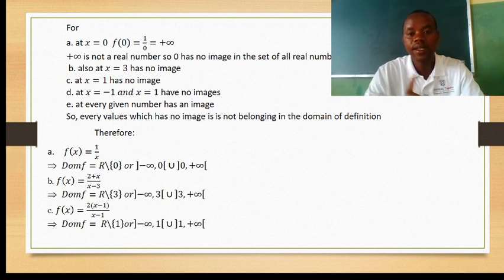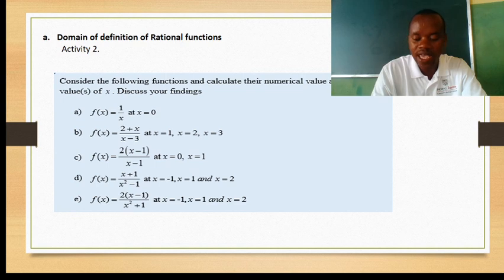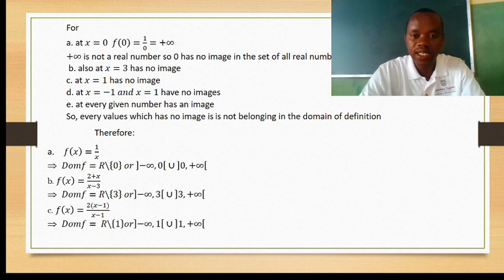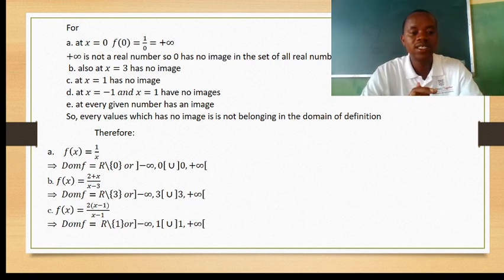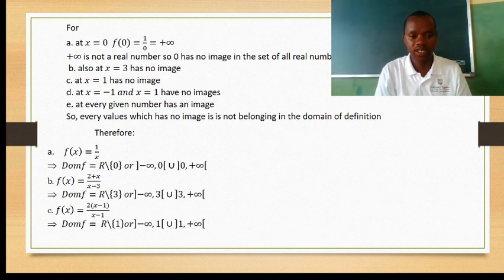Therefore, let us try to find out the domain of definition for the given functions from A up to E. For A, we calculated that f of 0 gives plus infinity, where we said that 0 has no image in the set of all real numbers because infinity is not a real number.